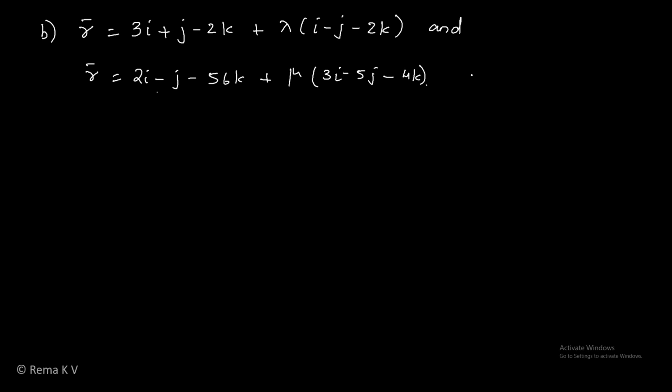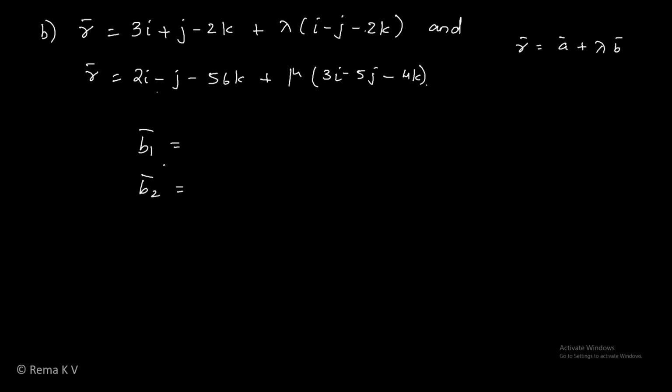Compare this with the standard form, vector r is equal to a plus lambda vector b, and find out the two vectors: the vector which is parallel to this line and the vector which is parallel to this line, that is vector b1 and b2.